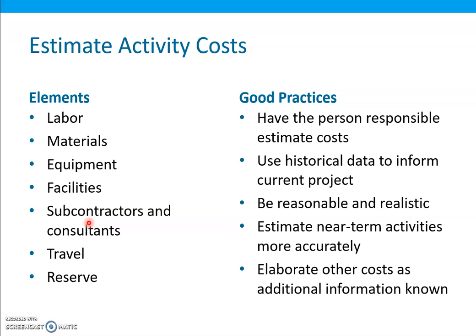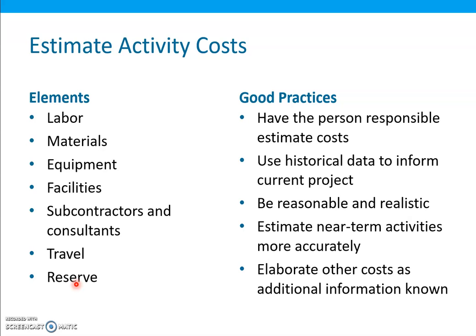Some other types of cost include the travel costs, for example, other than the local travel required during the project. Normally the local travel is not included, but the other travel. And then the reserve cost. This is important. It is also referred to as the contingency.